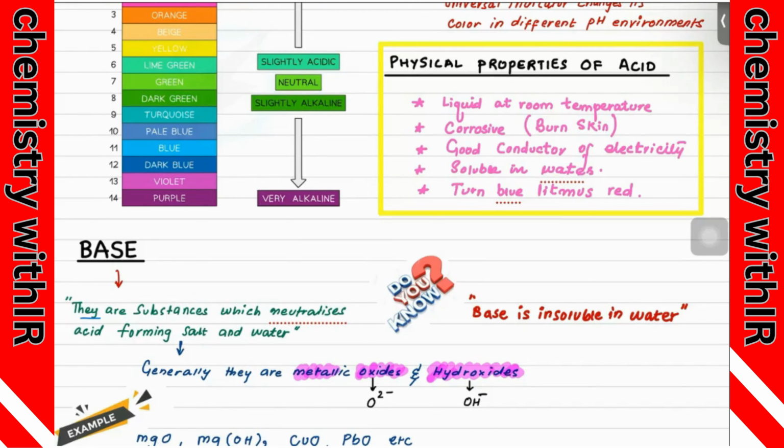Remember, we have multiple indicators, so we can identify very easily the presence of acid and the presence of base. I will provide the list of those indicators, what the color of each indicator is in acid and what it is in base. So they can also tell you the presence or absence of any acid. Are you getting my point? Yes, sir.